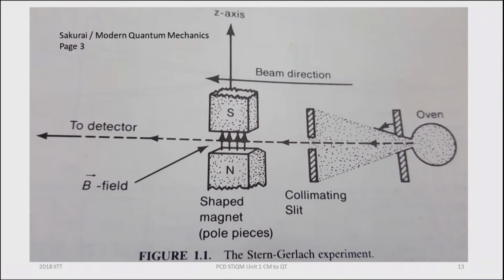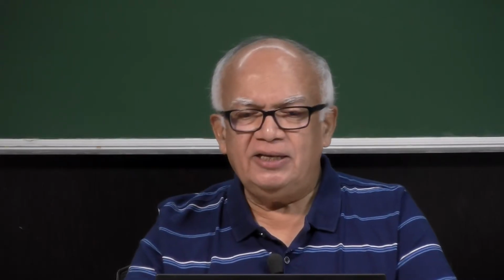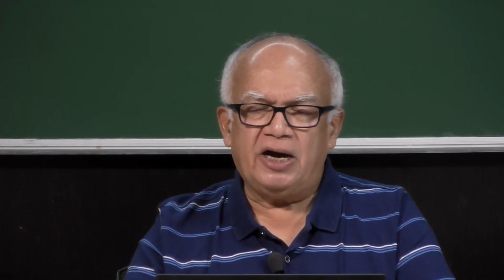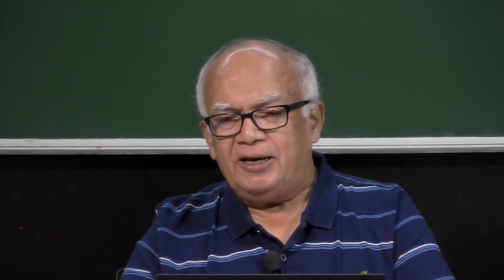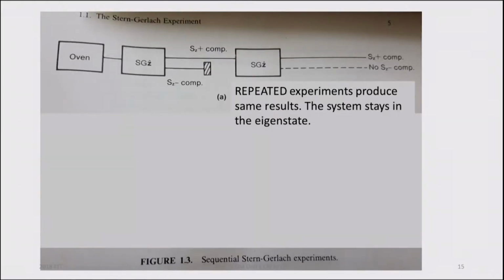So, it has got a net angular momentum, which is an intrinsic angular momentum, spin half, and it has got two components along the z axis, the plus and the minus, and these are the two components which separate out, which is very surprising, because classically you would have expected only one peak, but now we observe two, and this is very nicely explained in Sakurai's book.